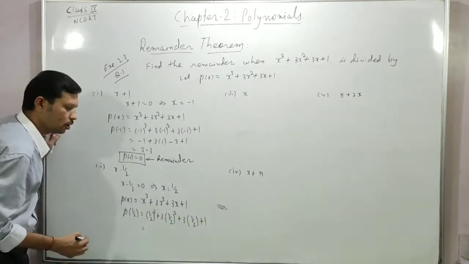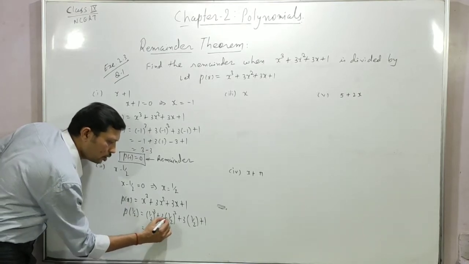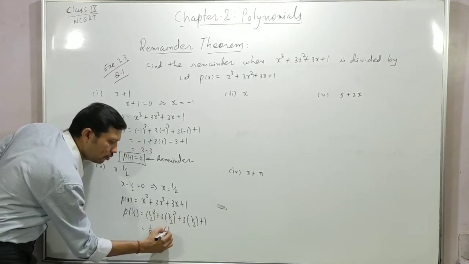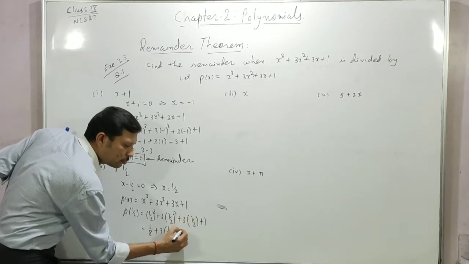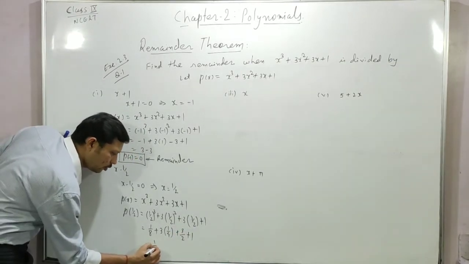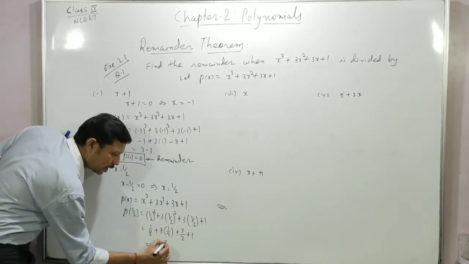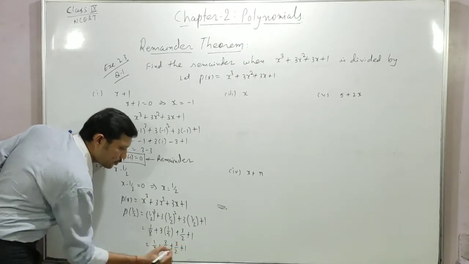Now we will simplify it. 1 by 2 the whole cube is 1 by 8. 3 times 1 by 2 the whole square is 1 by 4. 3 ones are 3, the numerator will be multiplied, children, 3 by 2, and plus 1. So finally 1 by 8 plus 3 by 4 plus 3 by 2 and plus 1.